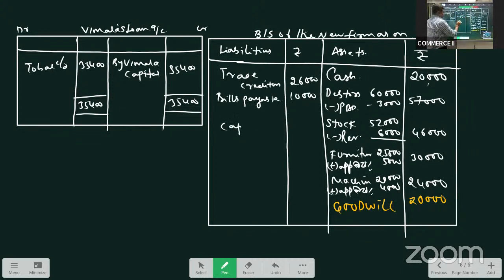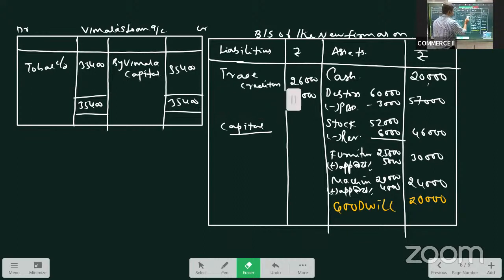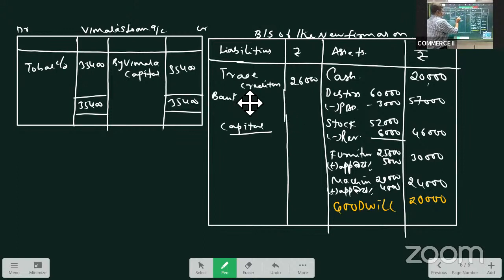General reserve we have already distributed, so we don't have to take. Sorry, it's not bills payable. It is bank overdraft. Bank overdraft is 24,000. General reserve is already distributed.